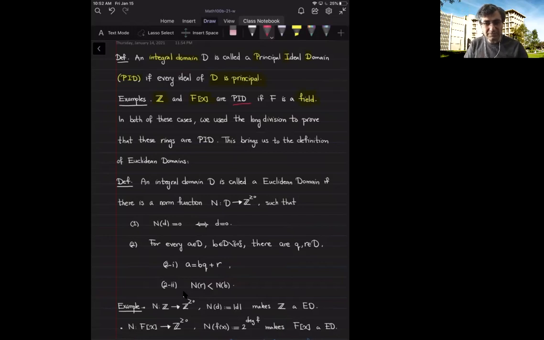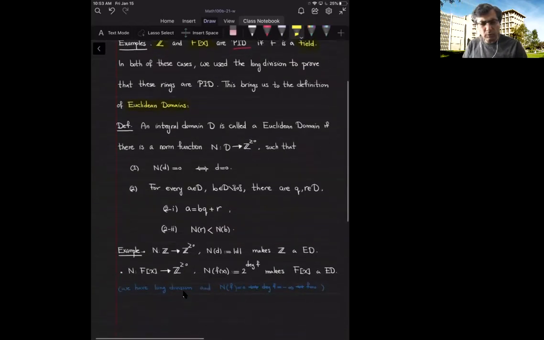And this brings us to the definition of Euclidean domains. We say an integral domain is a Euclidean domain if we have a type of long division property. What does that mean? What do we expect from long division?